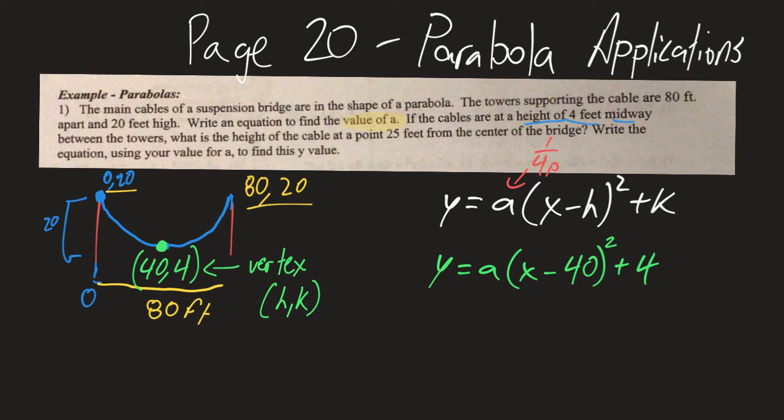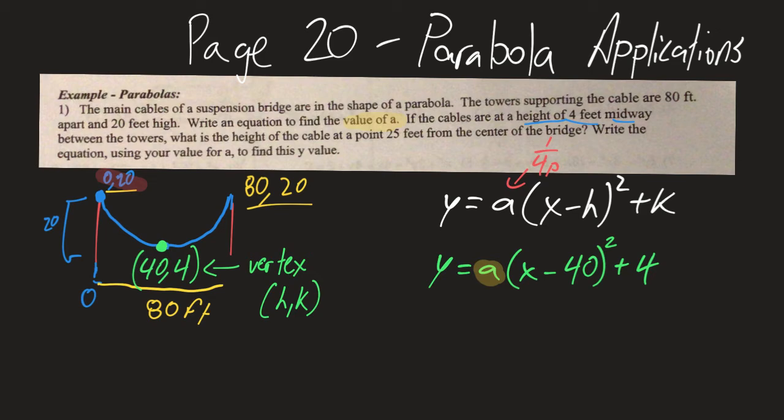So the piece I'm still missing, I'm still trying to solve for a, and then from there we'll have a full equation that we could use to solve for other pieces of this picture. So how am I going to find a? Well, we're going to use one of these other points that we know. I think the easiest one's probably this (0, 20), but you could absolutely use that (80, 20) and it will not make a difference.